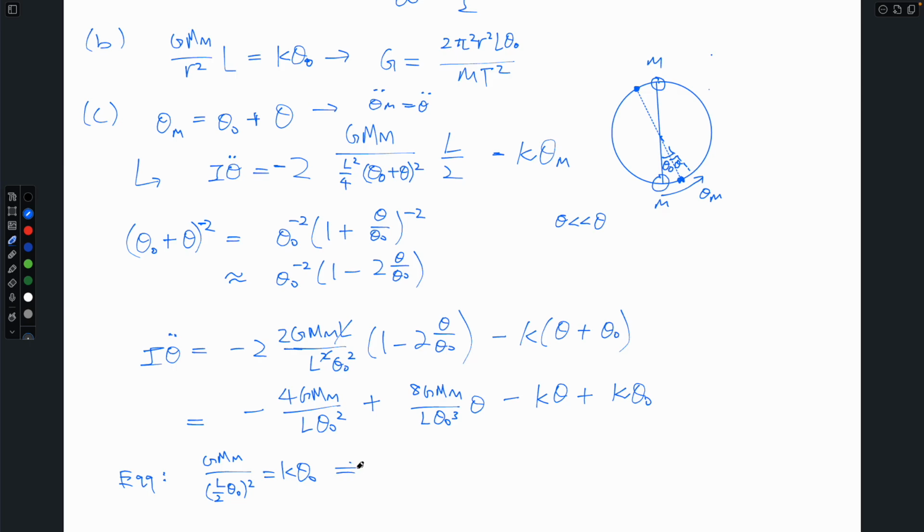And then this will yield theta naught. Isn't it negative k theta? Wait, where? Oh, like the end part, yeah, correct.